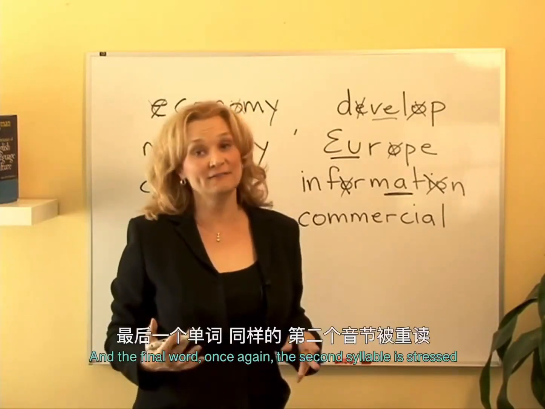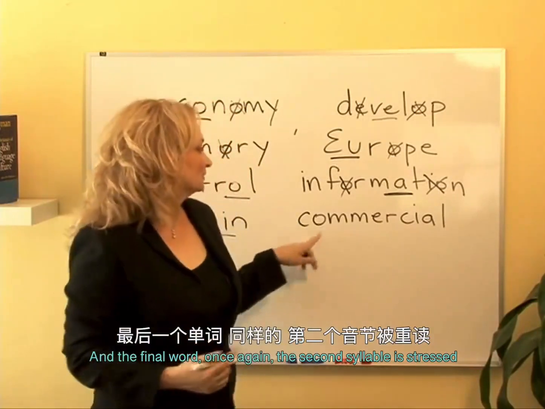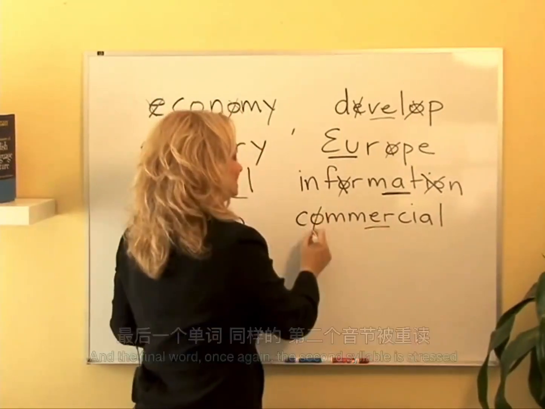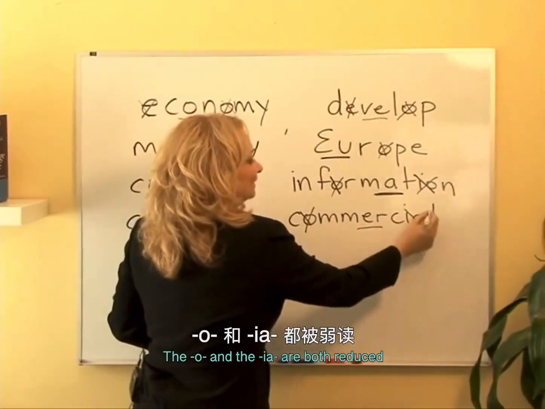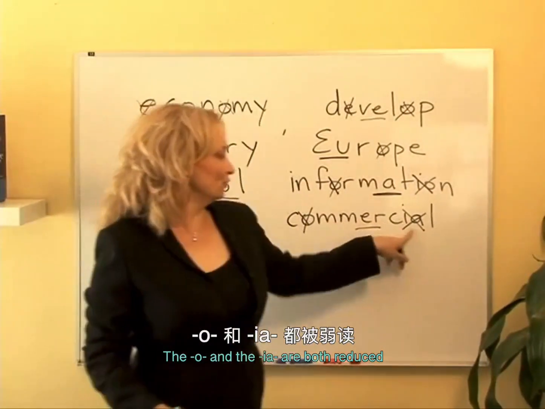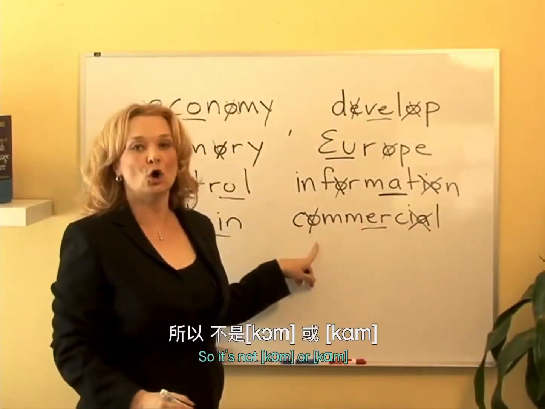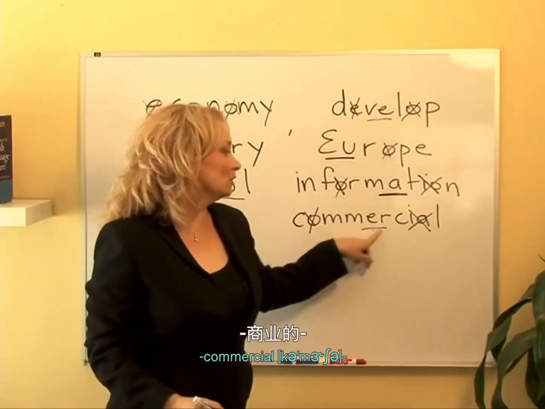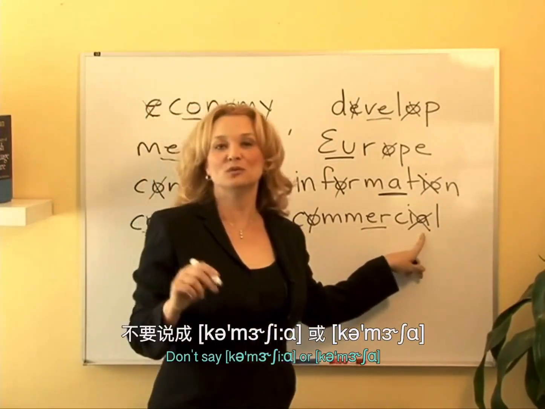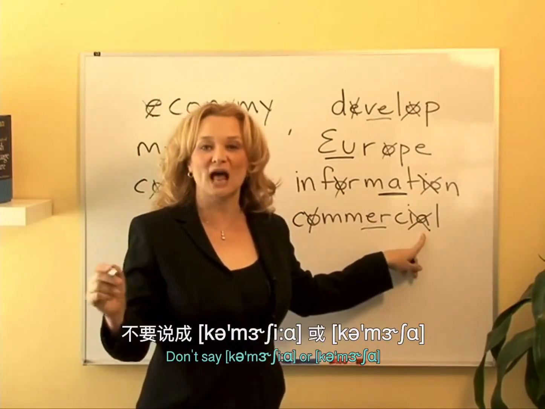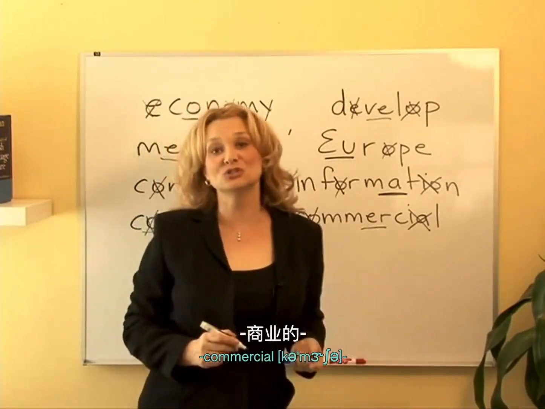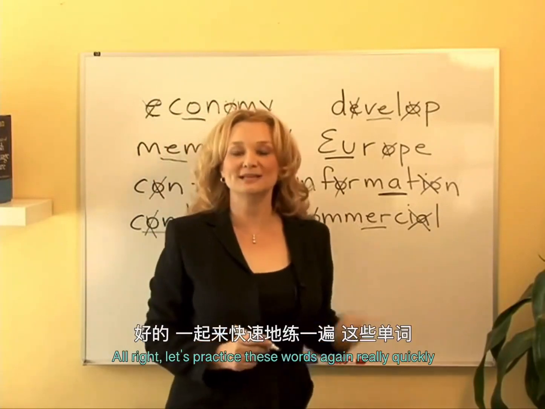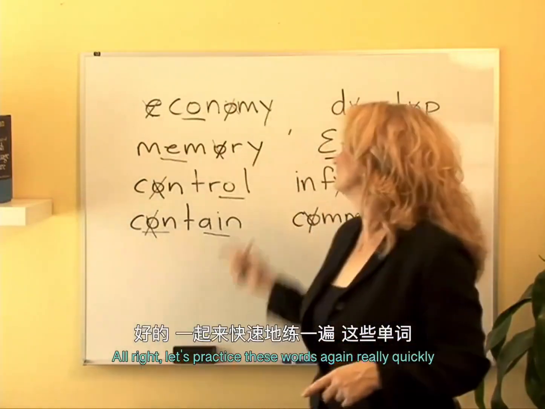And the final word, once again, the second syllable is stressed. The O and the IA are both reduced, so it's not com or com, it's cum. Commercial. Don't say commercial or commercial, it's O. Commercial. All right, let's practice these words again really quickly.